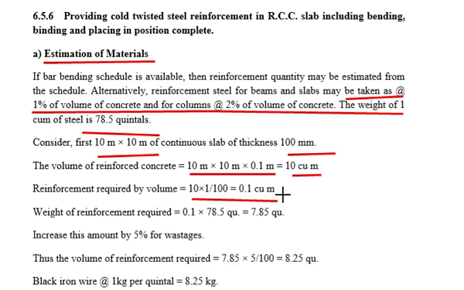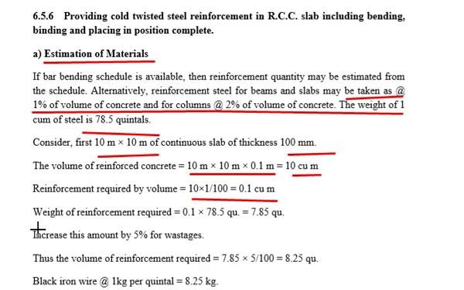So that's why 0.1 cubic meter. 0.1 cubic meter means how much? 785 kg. You have to multiply this quantity with the rate of the steel.